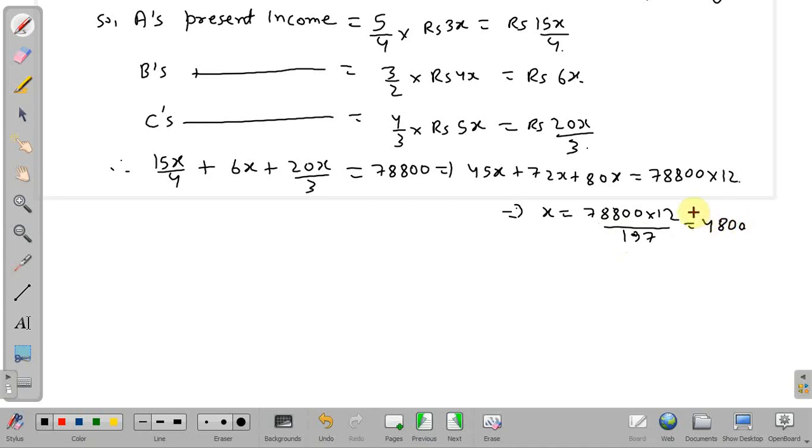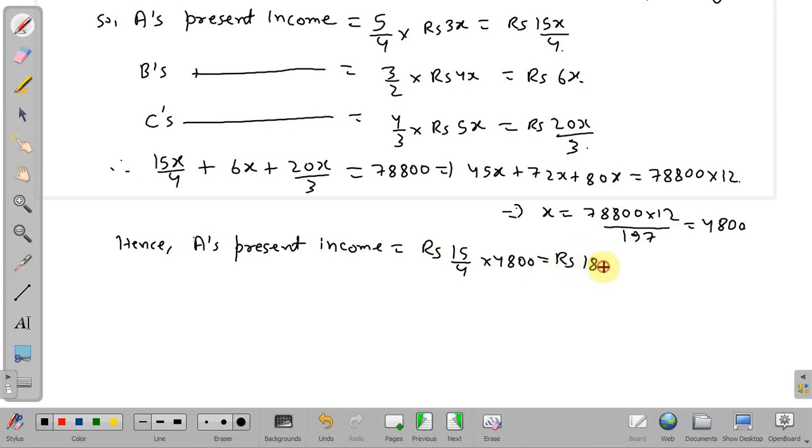Now we have to calculate the present income of A, B and C. So now we know x, so we can get A, B and C's present income from here. Hence, A's present income is equal to rupees 15 by 4 x. So 15 by 4 into 4,800. So it will be 18,000 rupees.